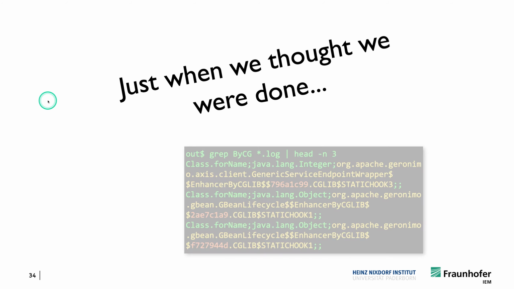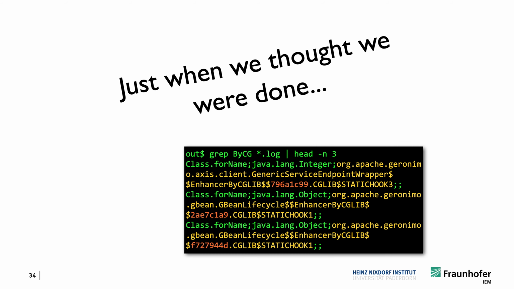But then we saw that for some applications we had problems. And then I looked into the log files and I found entries that look like this. What is this? Well, these are classes that are automatically generated, which in itself wouldn't be so bad. But for some obscure reason, don't ask me why, hopefully there is one, these classes get a randomized class name.